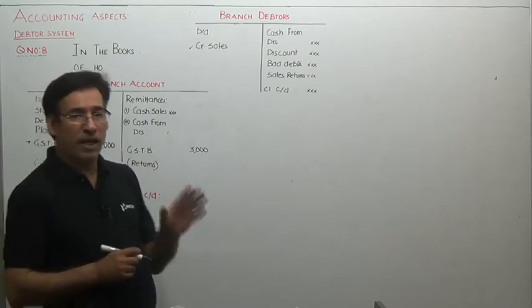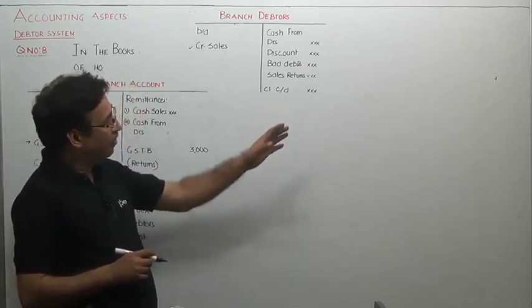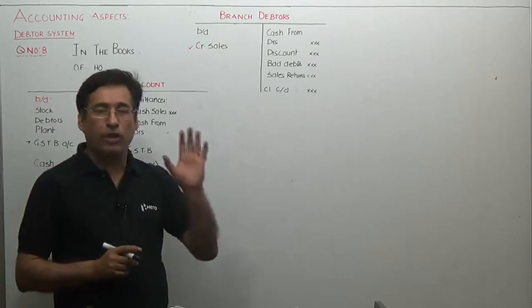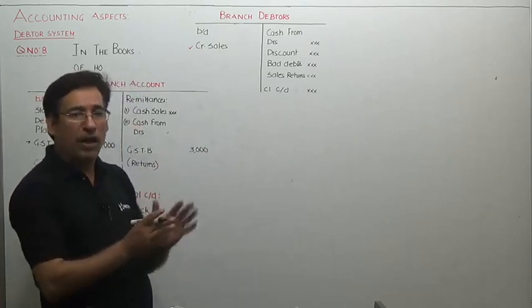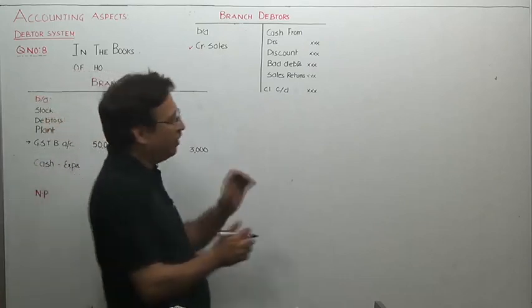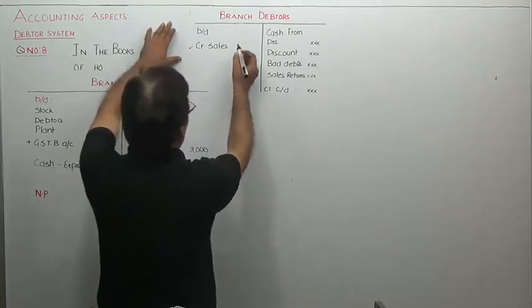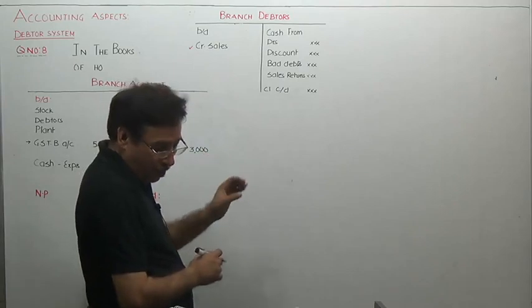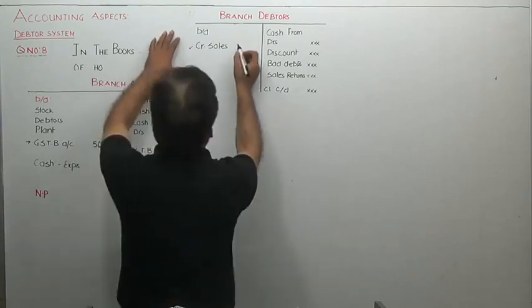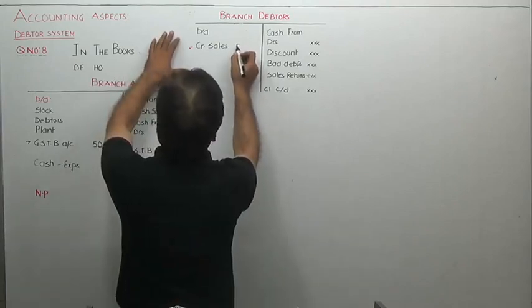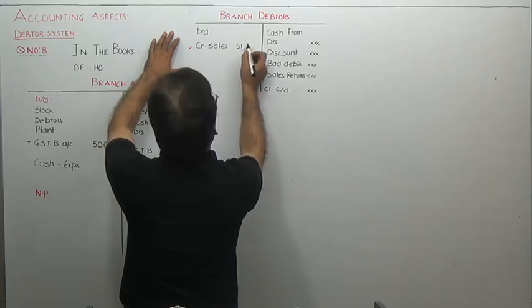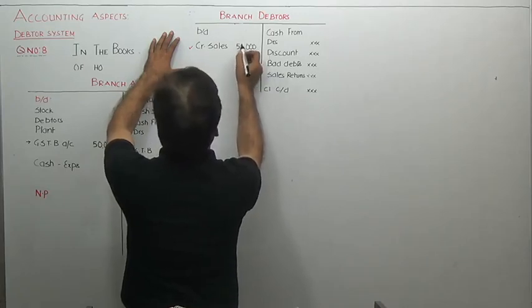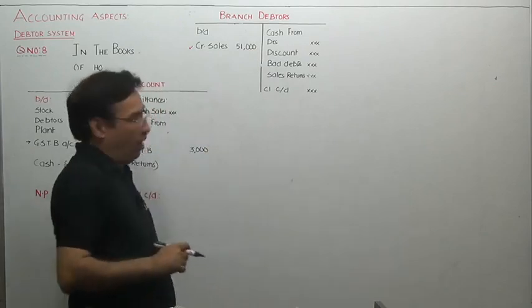You have to exercise caution that it is a transaction taking place between the branch account and the branch debtors account. That is the reason this particular transaction will appear only in the branch account. So branch credit sales are worth rupees 51,000, and you are going to write it over here.